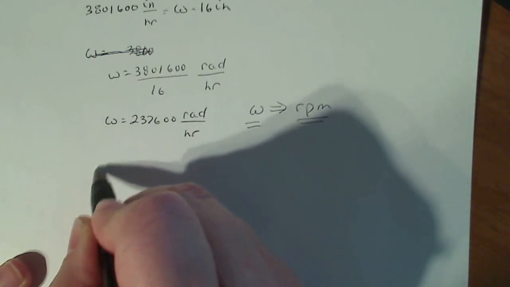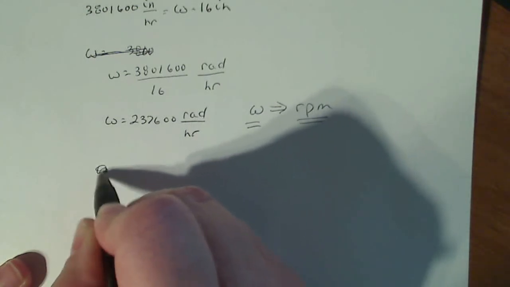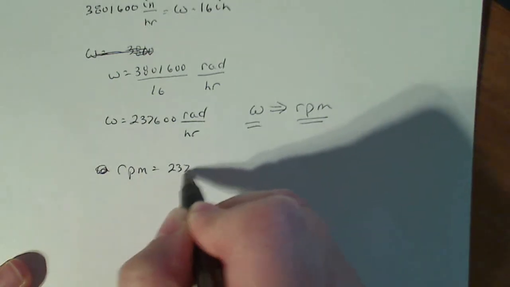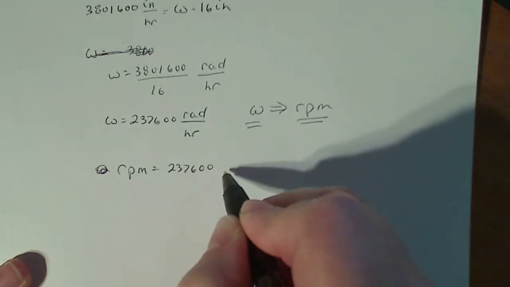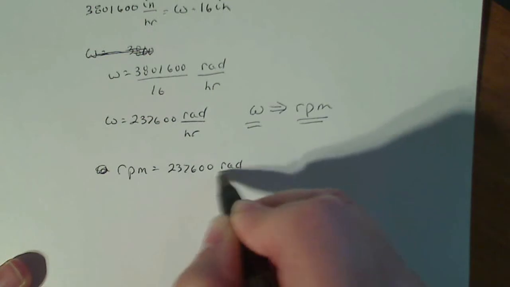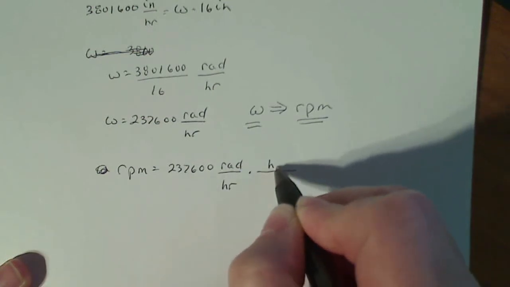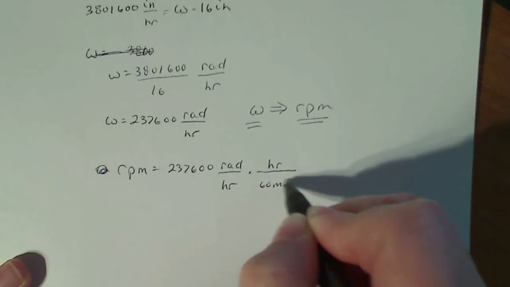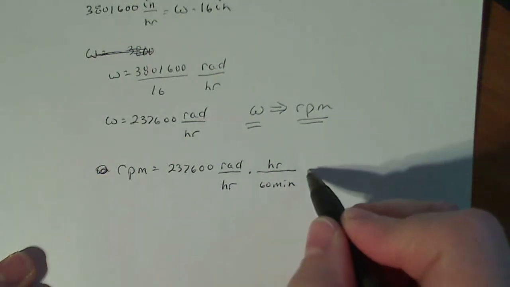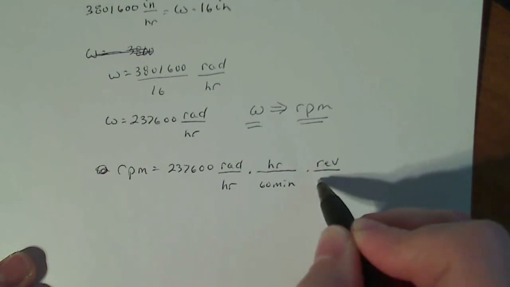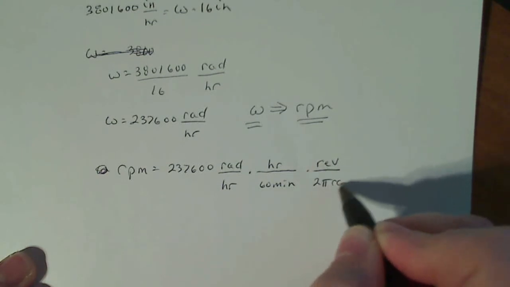So again, I'm going to rewrite this. My RPM is going to be 237,600 radians per hour, and just convert. I have to convert hours to minutes, so 1 hour is 60 minutes. That takes care of that conversion. And I know in 1 revolution, I have 2 pi radians.